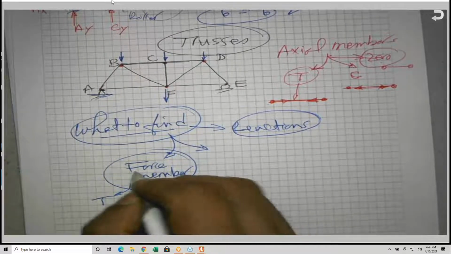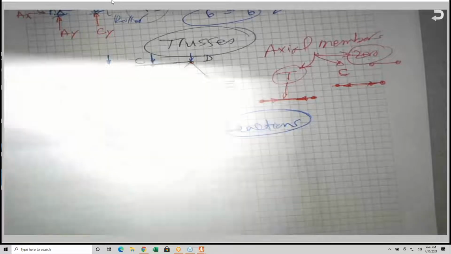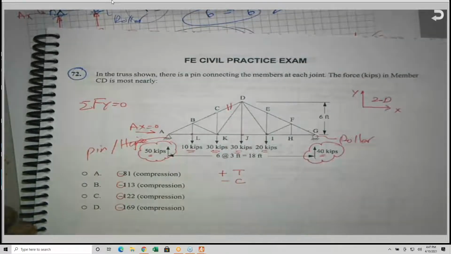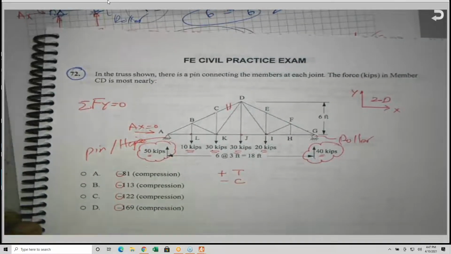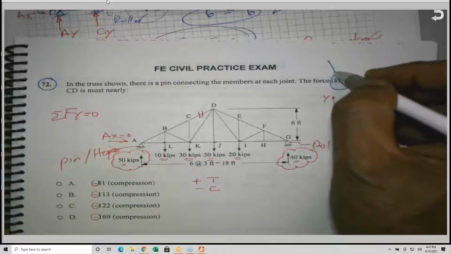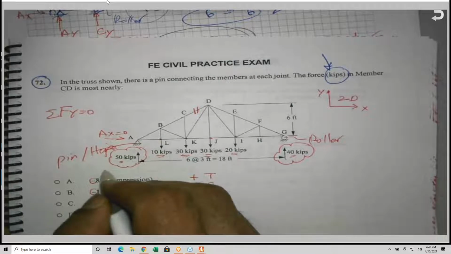This is one type of question, like the problem in front of us, problem number 72, which is asking how much is the force of this member CD. Okay, and the force in kips. Sometimes they put the units here, and sometimes they put the units here, by the way.